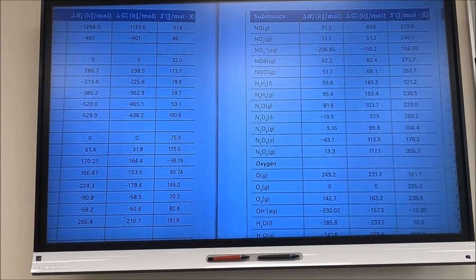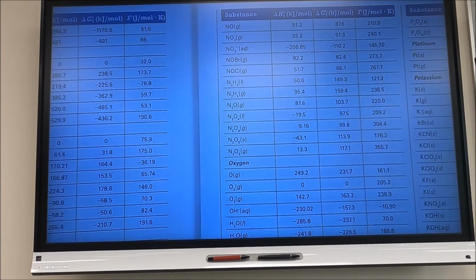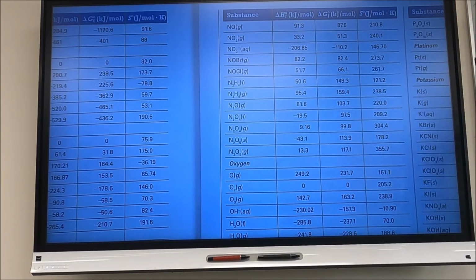So find the N's, nitrogen and nitrogen monoxide. There we go. Nitrogen monoxide gas has a delta G of formation of 87.6 kilojoules per mole.